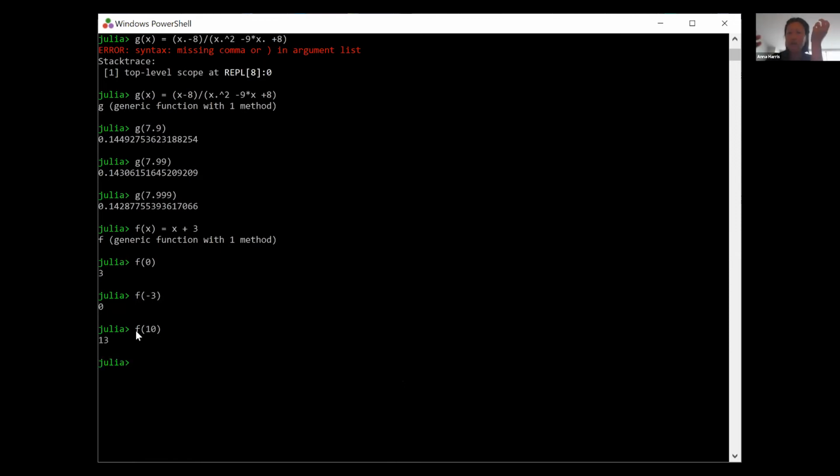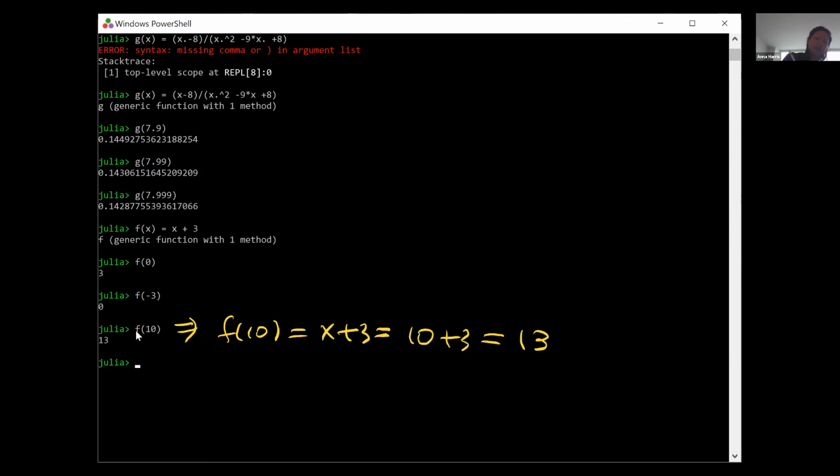It is 13, right? Because f of 10 means x plus 3 where I'm replacing x with 10, so it's 10 plus 3, which gives you 13. That's what that means.